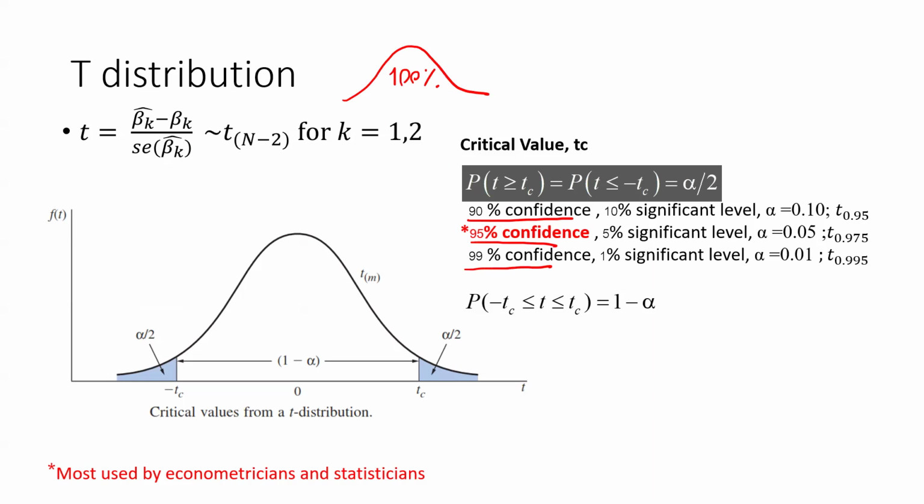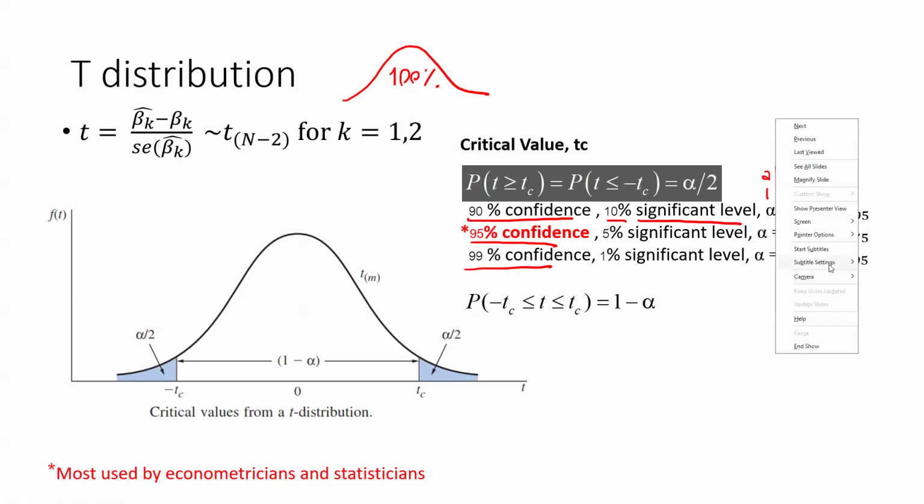And then we have another vocabulary widely used by statisticians and economists, called the significance level. Let's see the relationship between confidence and significance level. If we say we have 90% confidence, it means we use a 10% significance level, or we can say alpha. This is alpha.